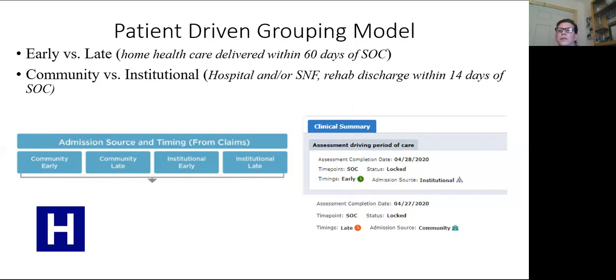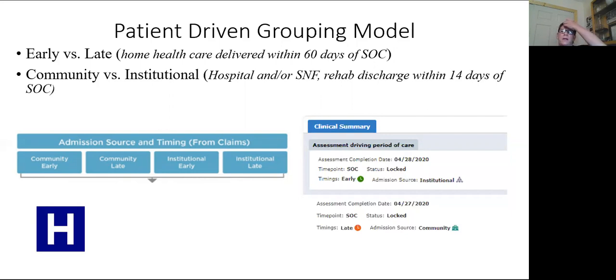Acute or post-acute facilities include skilled nursing facilities, long-term care hospitals, inpatient rehabs, acute care hospitals, or psychiatric facilities. Observation stays and emergency room visits do not constitute credit for an institutional referral. Following a transfer and hospitalization, the only facility considered as an institution is the acute care hospital.